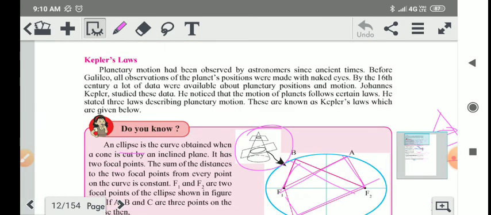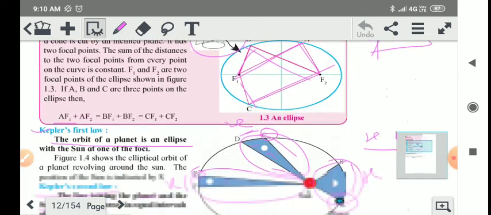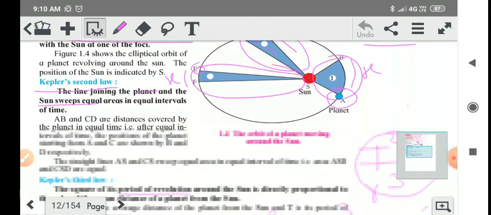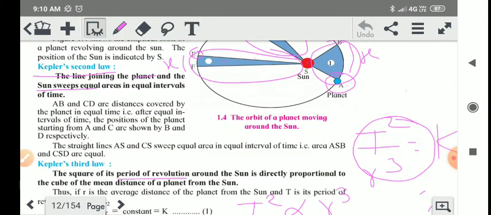The orbit of a planet is an ellipse with the sun at one of the foci. Then the second law is that the line joining the planet and the sun sweeps equal areas in equal intervals of time.